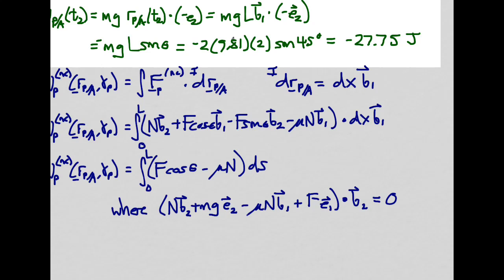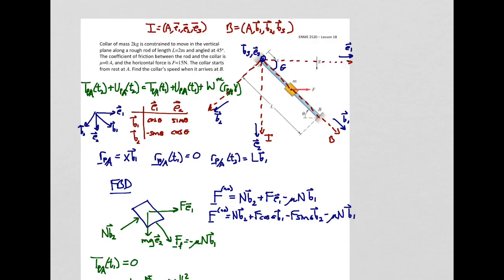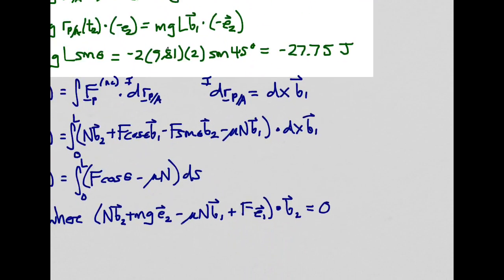And all we're saying here by doing this is that the B2 component of all the forces has to add up to 0, because this can't move in this direction. It's not a degree of freedom, so we can set all those forces equal to 0.